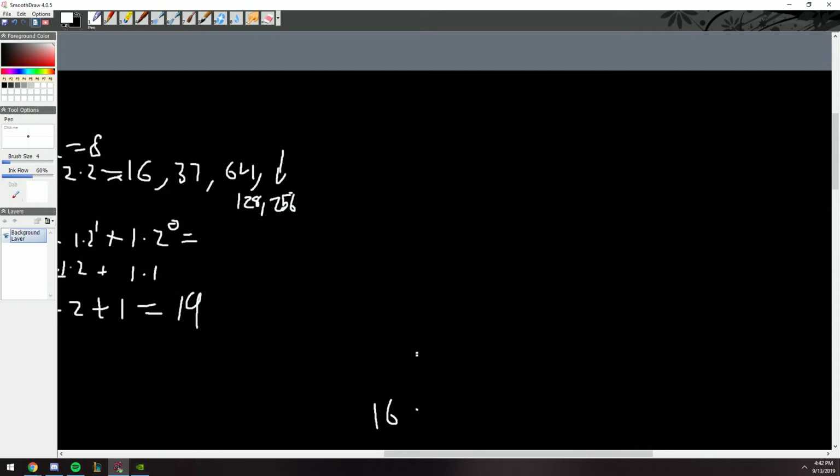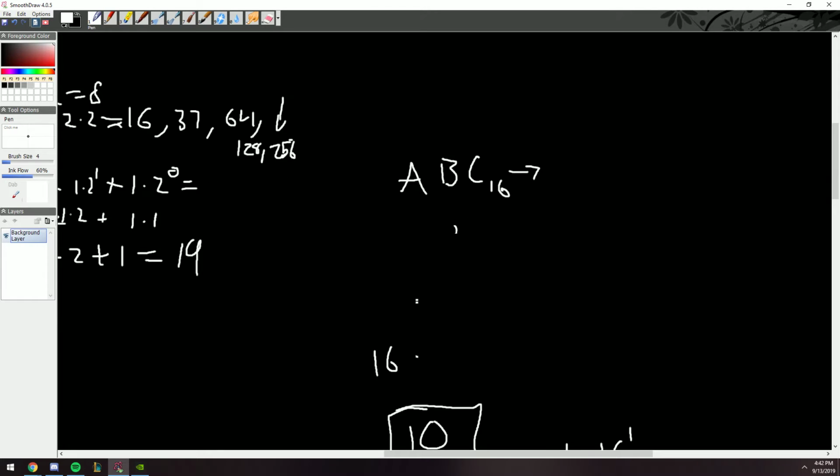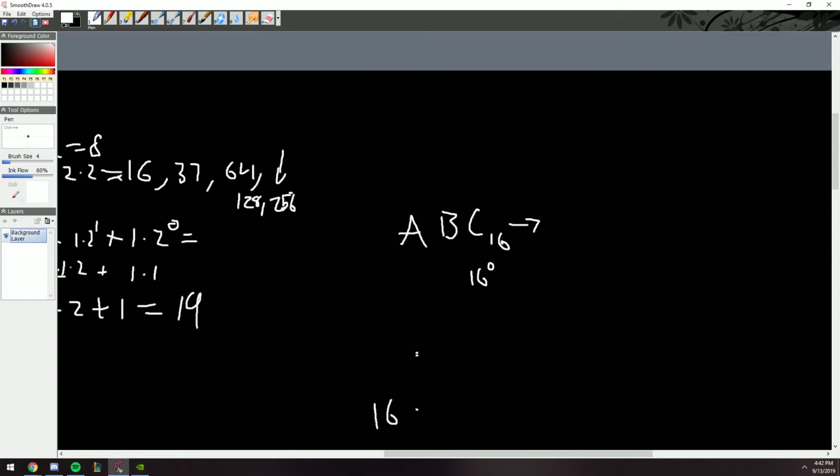So let's say we have the number ABC in hexadecimal, and we want to convert this to decimal, which is base 10. Well, we know that C represents 16 to the 0 times C. A is 10, B is 11, so C is 12.